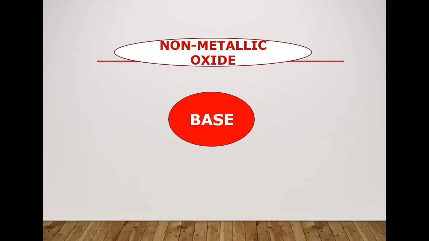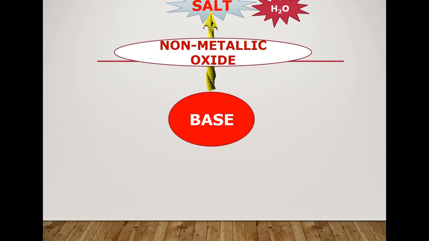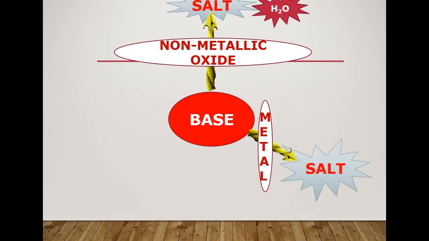Base plus non-metal oxide gives salt and water. Base plus metal gives salt and dihydrogen gas.